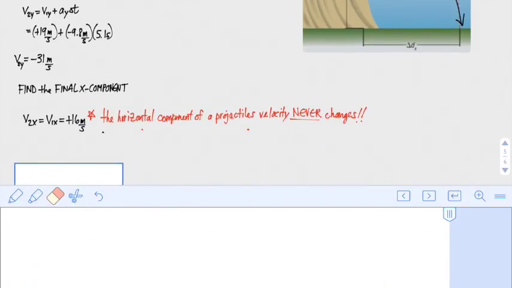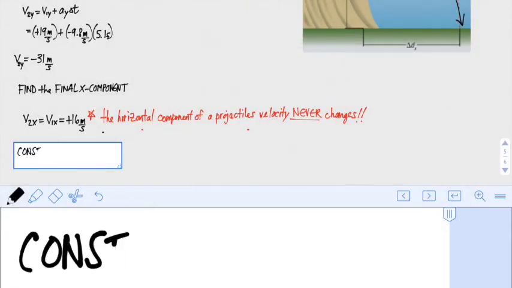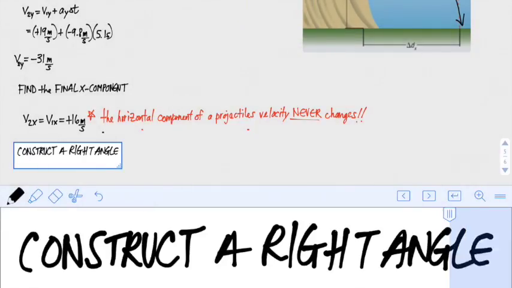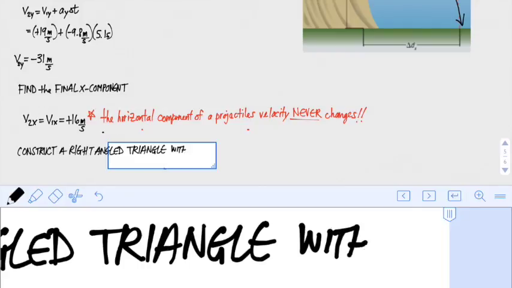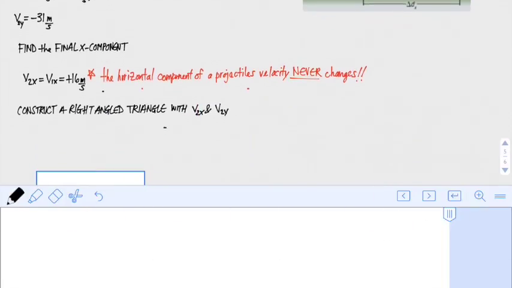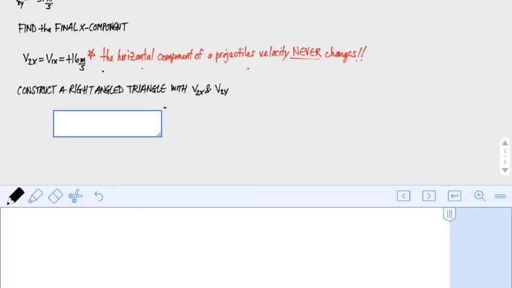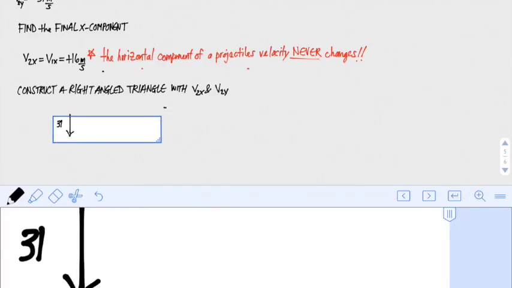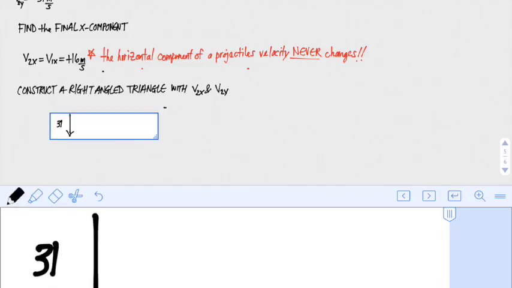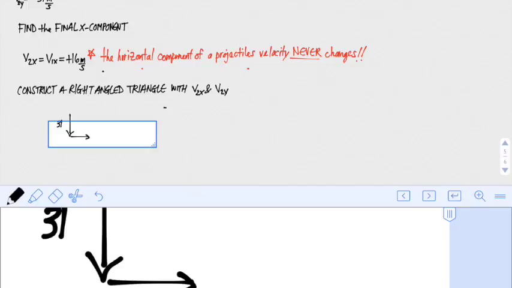Once you've determined the final x and final y components of the velocity, you're going to construct a simple right-angled triangle with these values. So this right-angled triangle will look like this. 31 being the y component, and 16 being the x component.